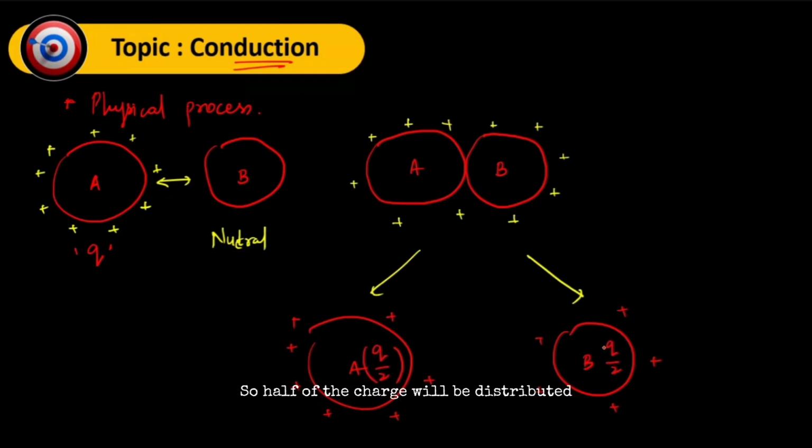So half of the charge will be distributed in both the spheres. The first sphere will get half charge, and the second sphere will also get half charge. And this is the process called conduction. I'm not going into the definition part, but you just need to understand the concept of what exactly conduction is. Conduction is a physical process. It requires physical contact. If there is a physical contact, then only conduction will take place.